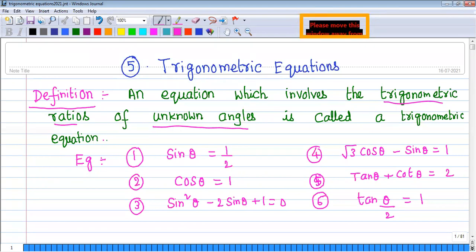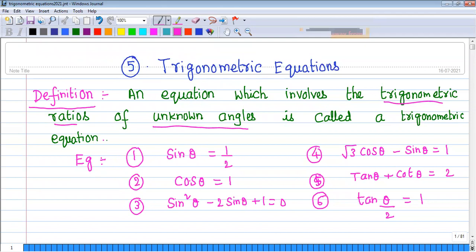Okay, I do agree. If you put theta is equal to 150, what do you get? Minus root 3 by 2? 1 by 2 only. That means even 30 degrees will satisfy.